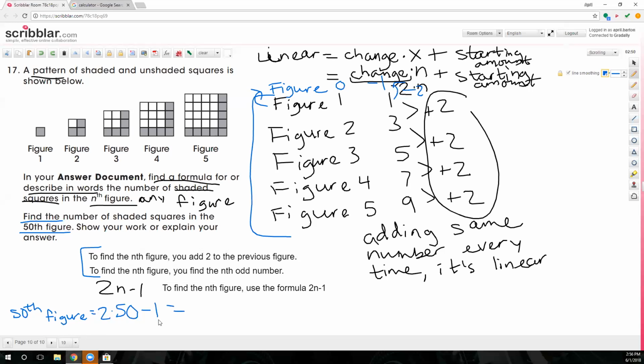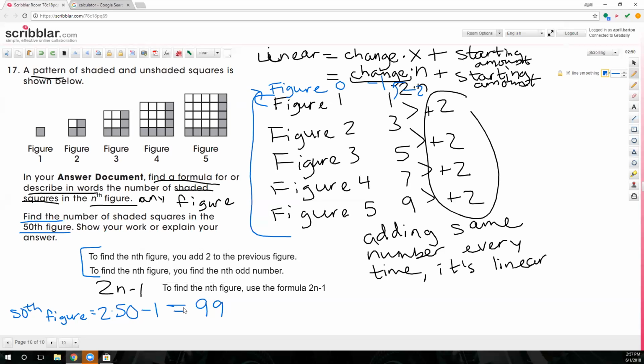And then you just simplify this. What do we get if we do 2 times 50 minus 1? Good. 99 is correct. Okay.